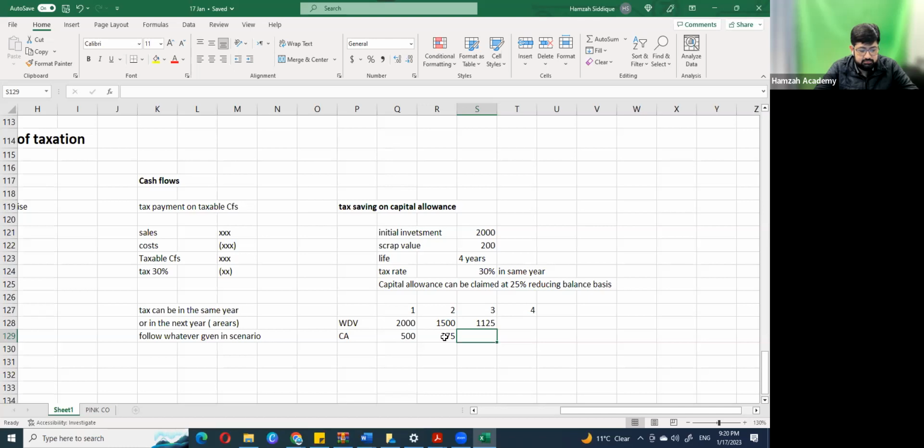Now, next, equal to this into 25%. And in the final year, this minus scrap value.